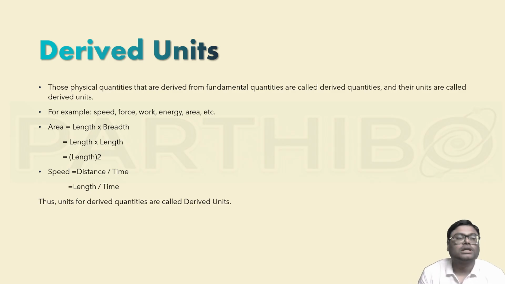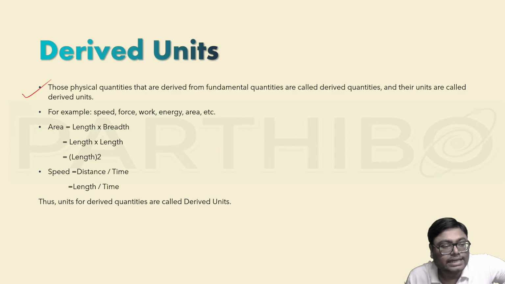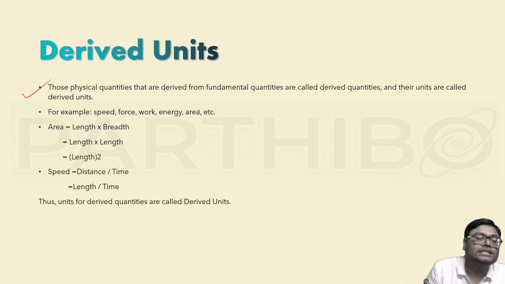So we are talking about derived units. Those physical quantities that are derived from fundamental quantities are called derived quantities, and their units are called derived units. For example, speed, force, work, energy, area, etc. Let us say we are talking about area. How do we define area? Area is length into breadth.